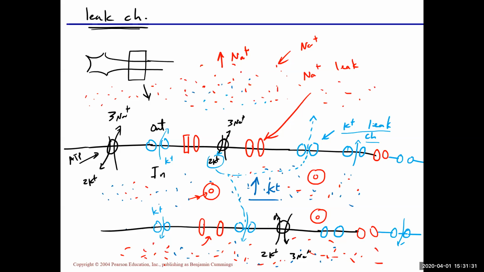As far as the sodium goes, the sodium will go the other way because again, you're going from high concentration to low concentration. Inside was a low concentration, because 3 sodium was pumped out. So now sodium can leak in too, but not a whole lot because the numbers are limited.